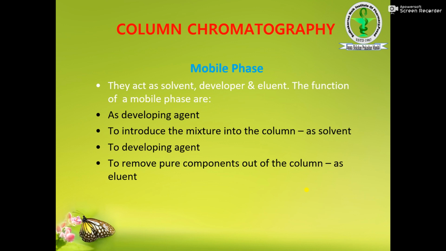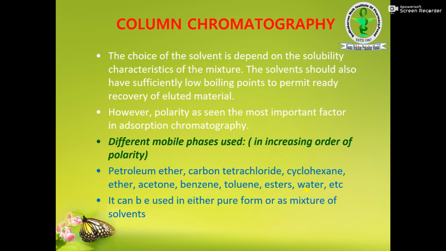The main role of the mobile phase is to introduce the mixture into the column as a solvent, to develop the agent, and to remove pure components out of the column as eluent. The choice of solvent depends on the solubility characteristics of the mixture.